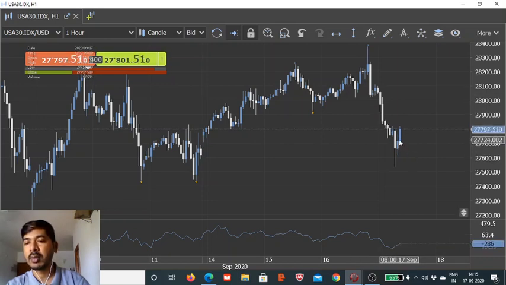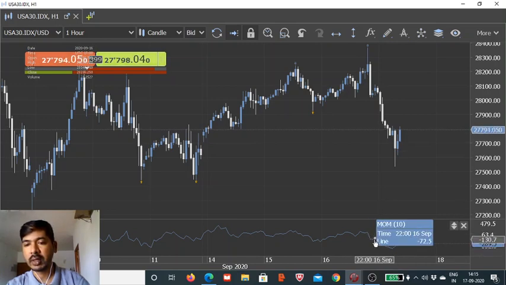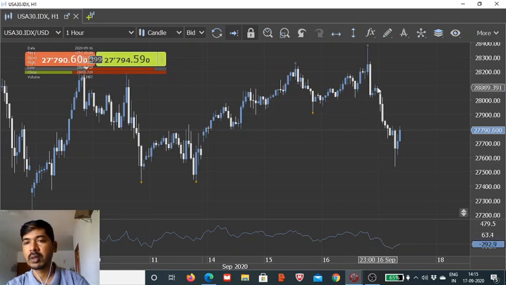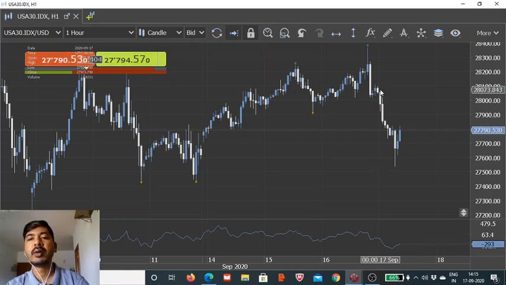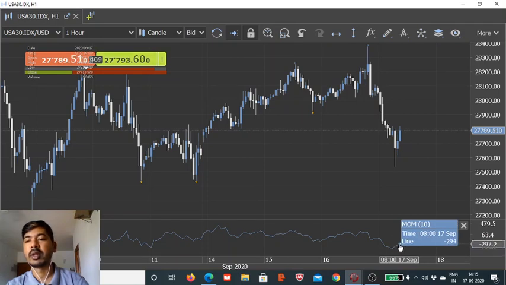The current time is 8 GMT, so we will go to 22 GMT of 16th September, and whatever the value is at that point in time, it will be subtracted from the current value, and the difference that emerges is the output value for the MOM. As you can see, the difference is on the negative side. The prior value is higher than the current value, so we get a negative result.